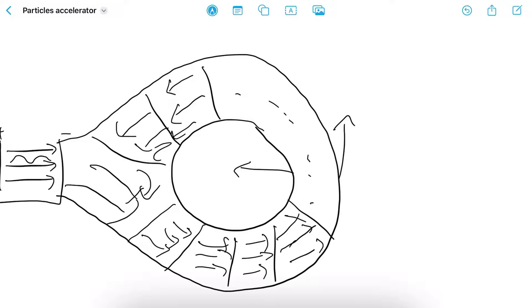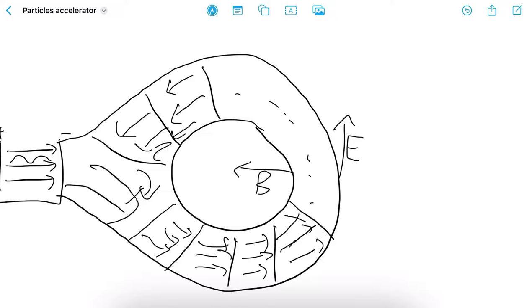As you can see, the tangential force is provided by the electric field, and the centripetal force is provided by the magnetic field, and those two forces combined will make the stream of protons move in a circular motion.